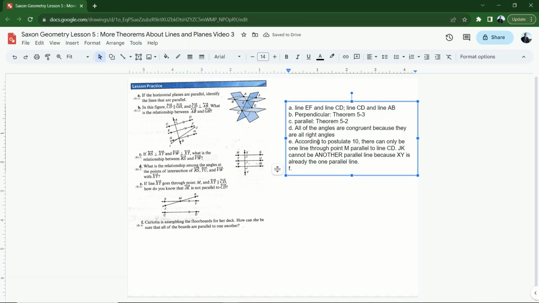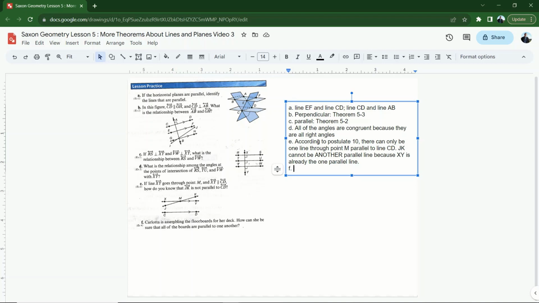How can she be sure that all the boards are parallel to one another? So as she lays each parallel board, we're going to assume that the first two floorboards are parallel. Okay? According to theorem 5.7, if two lines are parallel to the same line, then they are parallel to one another.